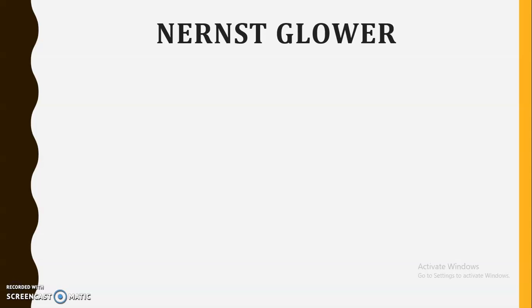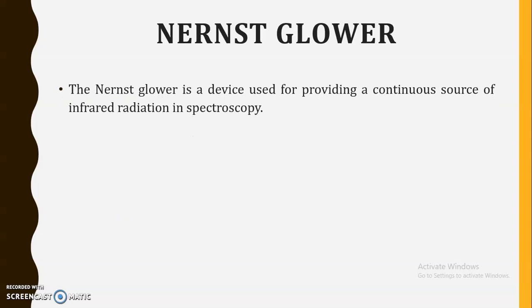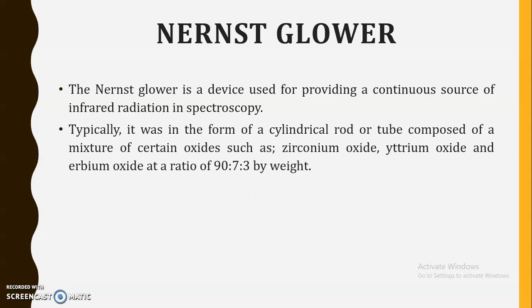This is one of the most widely used as well as important radiation sources in IR spectrophotometers. The Nernst glower is a device used for providing a continuous source of infrared radiation. The incandescent lamp has the problem that the radiations generated are not continuous, but the Nernst glower supplies a continuous source of infrared radiation.